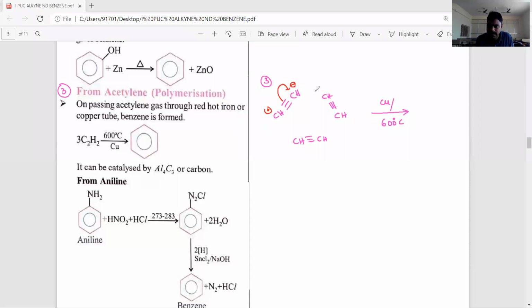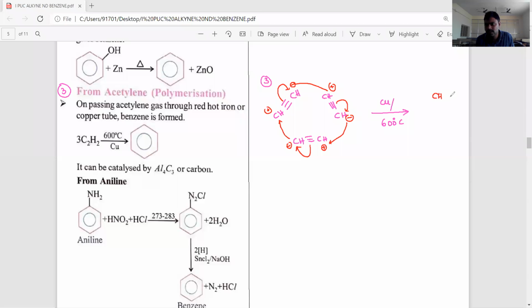The pi electrons migrate and polarize, giving a positive charge on one side and a negative charge on the other. Again the pi electrons migrate in this direction, giving positive and negative charges. The positive and negative ends form one bond each, so three new carbon-carbon bonds are forming.